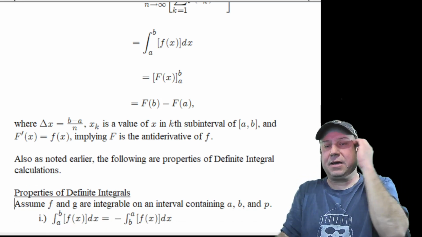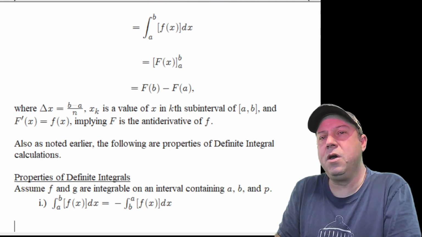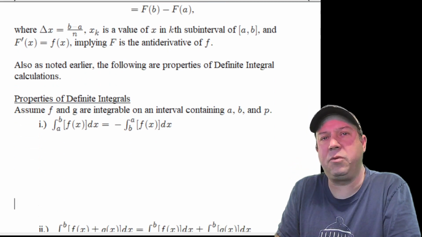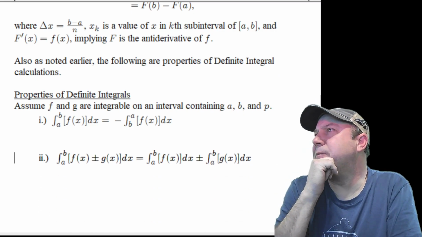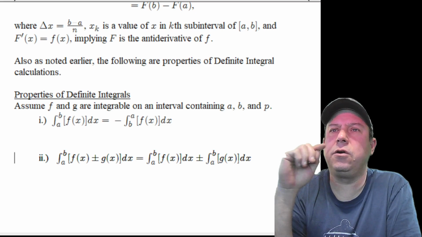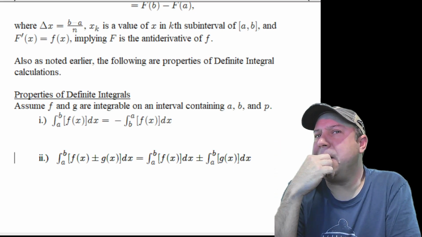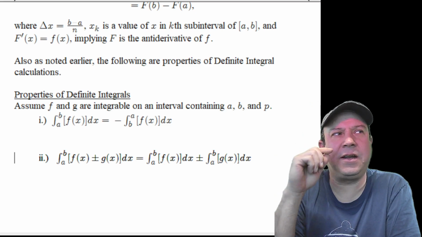If you remember back, I think it was back in the definite integral section of notes, we quickly ran through some properties, but we didn't spend a lot of time on these because they're kind of hard to see. They are difficult to present back in that section because we really hadn't learned yet a technique for calculating that definite integral.